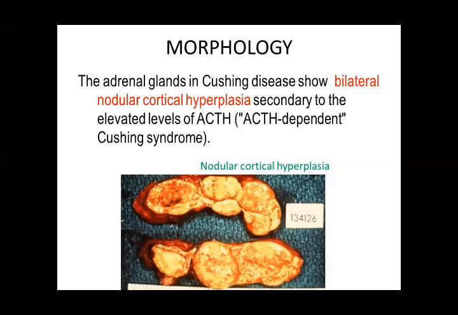You have seen that in people doing the gym, they increase their muscle mass because they are using their muscles more, so their muscle size increases. Whenever the adrenal gland has to work more, its size will increase. There is adrenal gland hyperplasia. It could be unilateral or bilateral, but mostly this is bilateral.